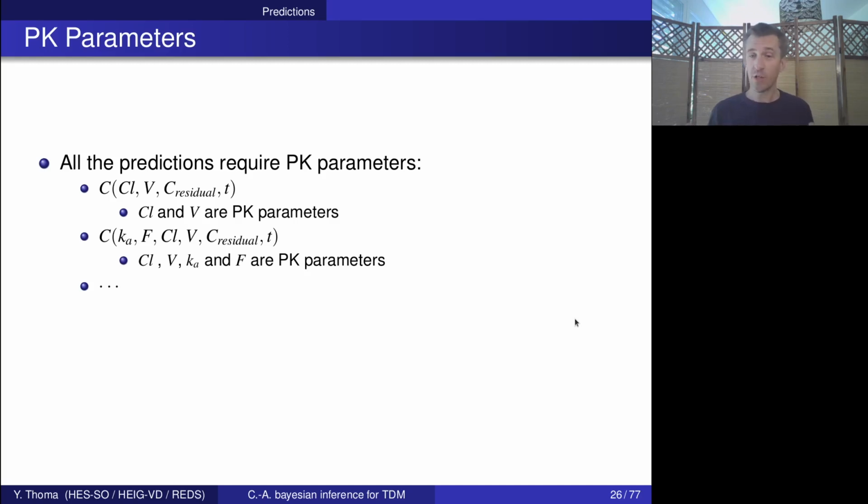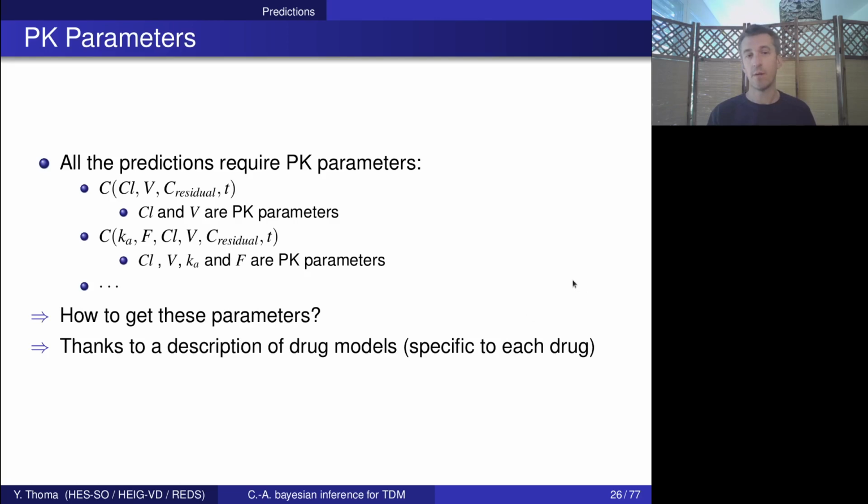So for each of these models, we have these PK parameters. So it's pharmacokinetic parameters. We saw models where we need a clearance, a volume, residual concentration, and a time. For the extravascular one, we need the bioavailability, the absorption rate, and so on. So each model is a bit different on that. And so now the idea is how to get these parameters.